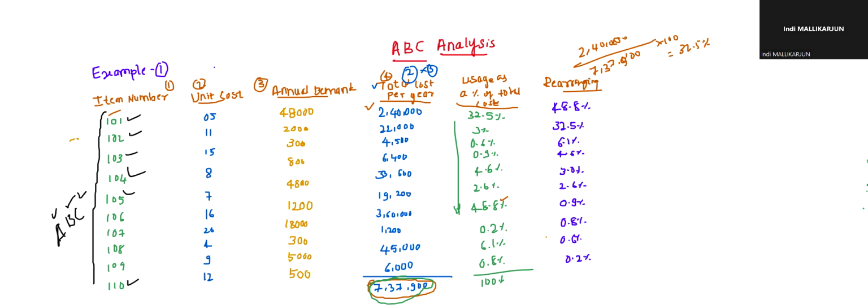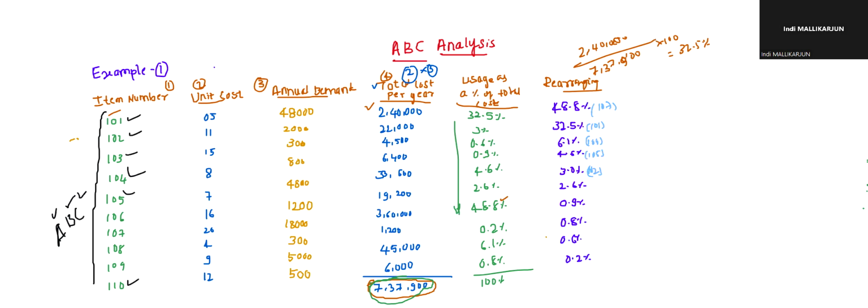Here, for 48.8%, what will be the item number? That is 107, right? For 32.5, it is 101. For 6.1%, which one? 109. Next, for 4.6, 105. For 3%, 102.